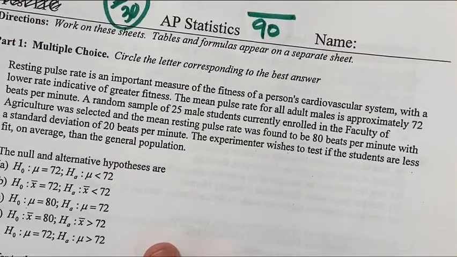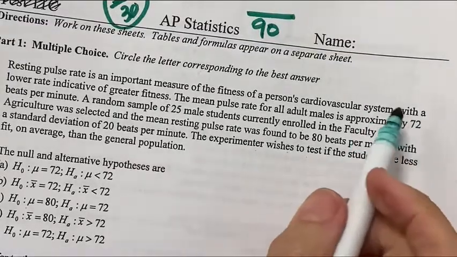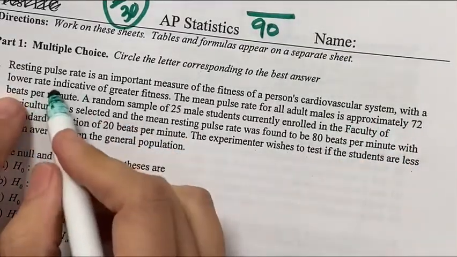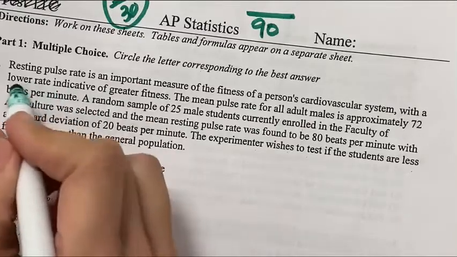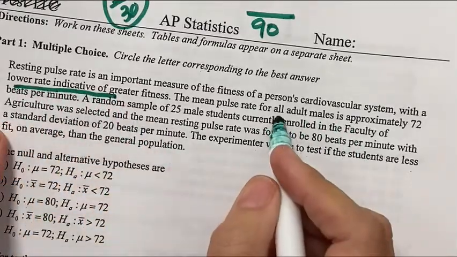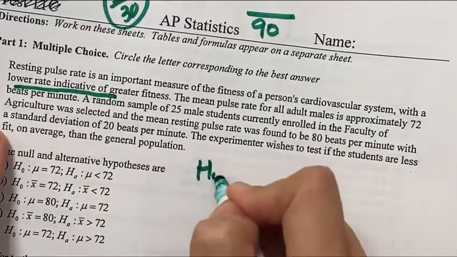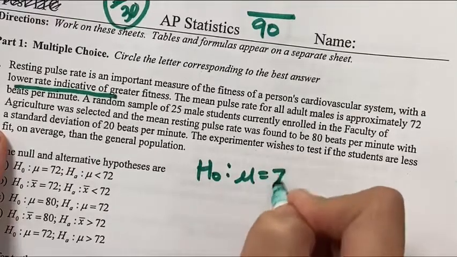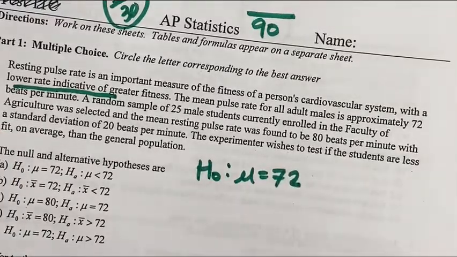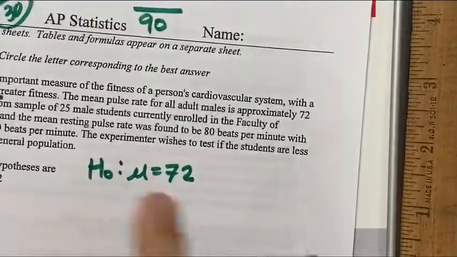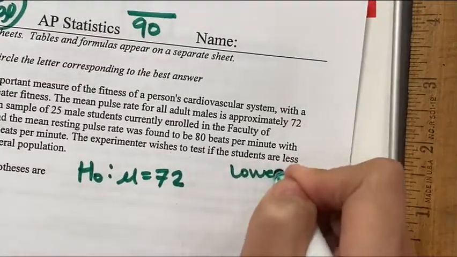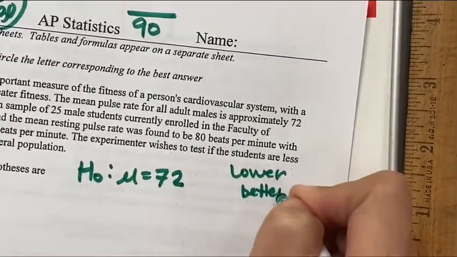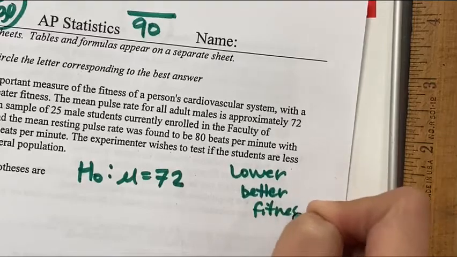The resting pulse rate of someone in fitness, with a lower rate indicative of greater fitness. So they're saying the average person is 72. So the lower it is, the better the fitness. Lower, better fitness. Okay, that's important.